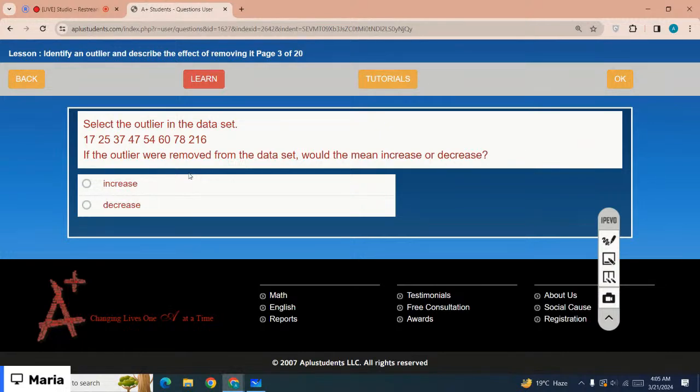And 216 is the greatest number among all. That means if you remove 216, obviously the mean is decreased. The correct option is the mean is decreased. Got it?